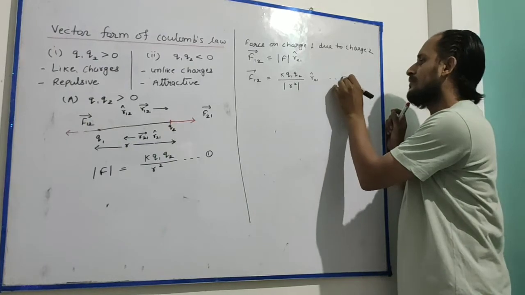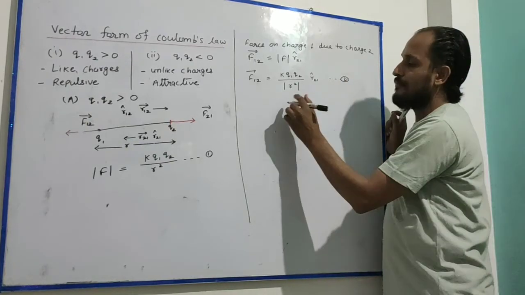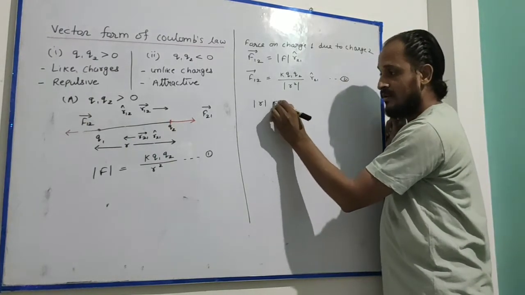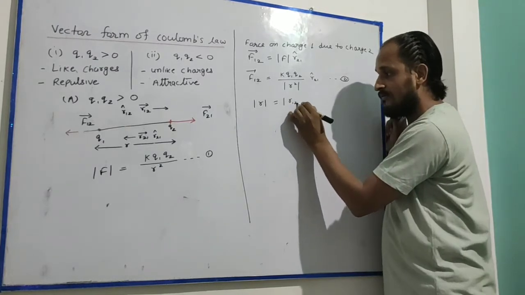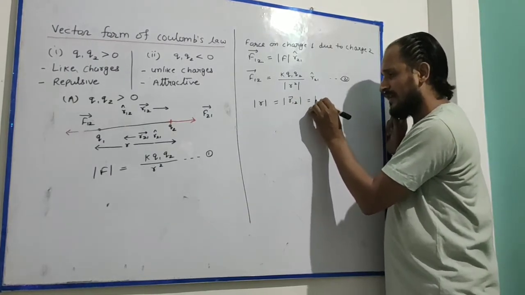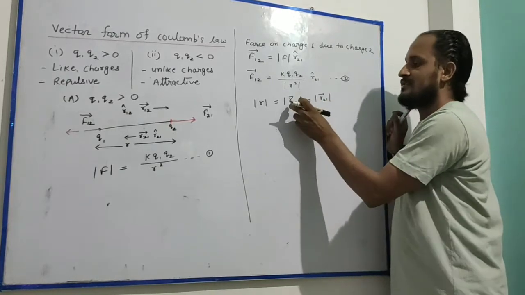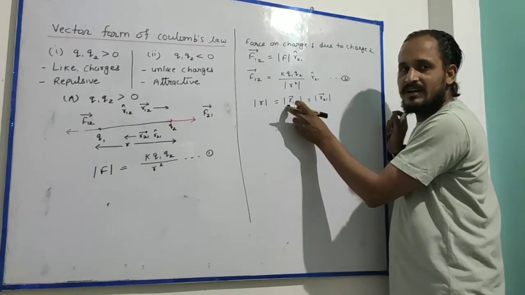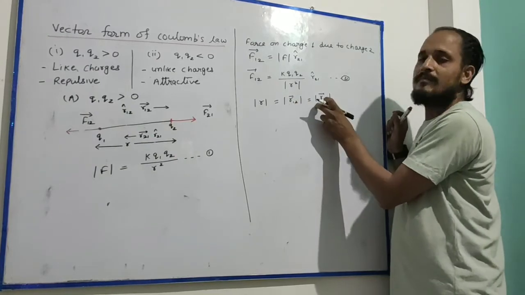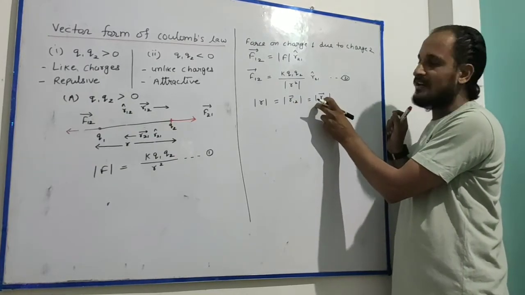Equation number 2. But we know the magnitude of R, the magnitude of R12 vector, or the magnitude of R21 vector are the same. This is the magnitude of displacement vector R12, and this is the magnitude of displacement vector R21.